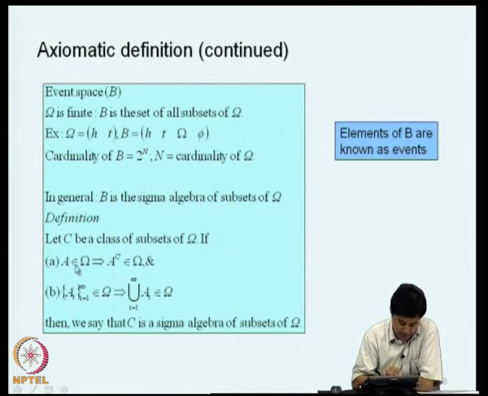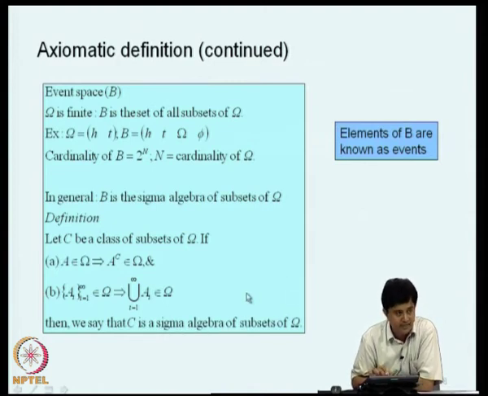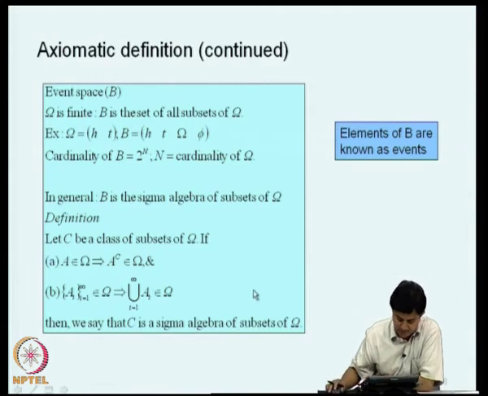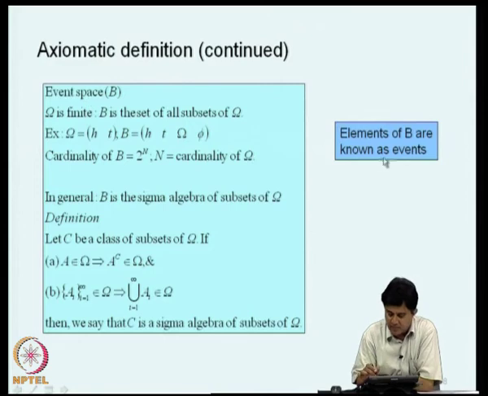If A belongs to C implies that A complement also belongs to C, and if A1, A2, A3, up to infinity belong to C, their union also belongs to C, then we say that C is a sigma algebra of subsets of omega. I will just clarify why we need this in a while. The elements of the event space are known as events.